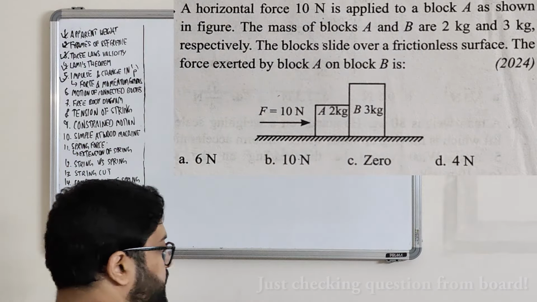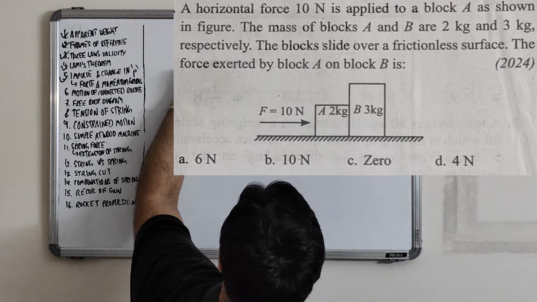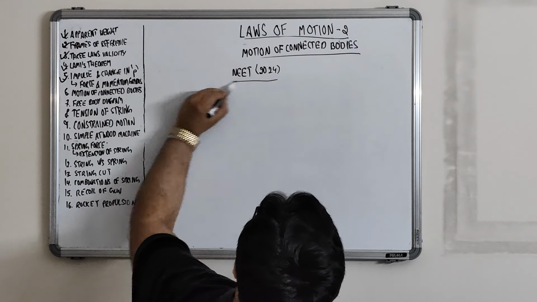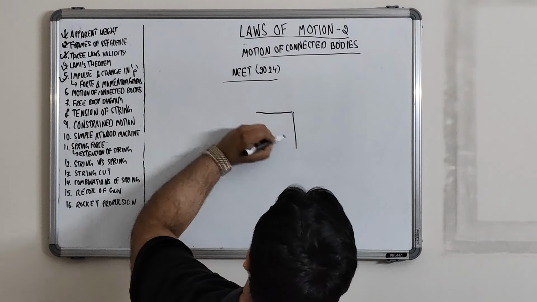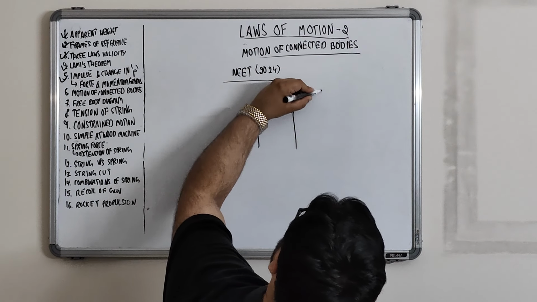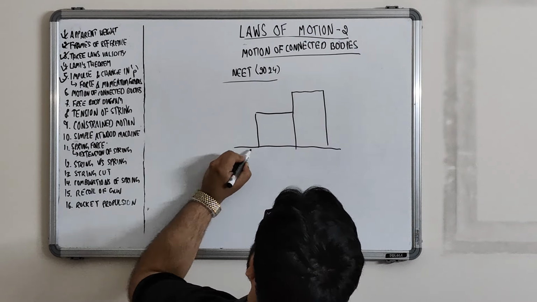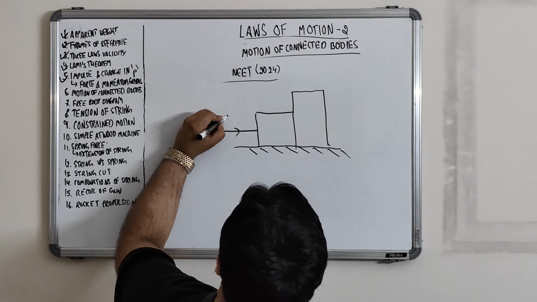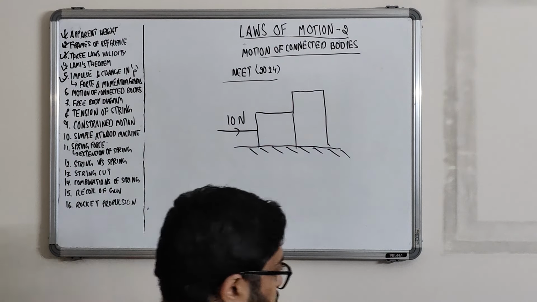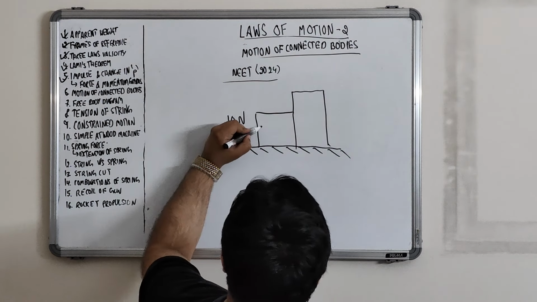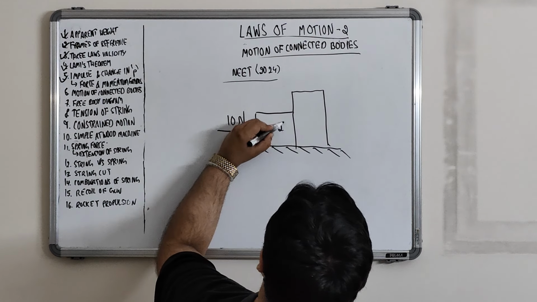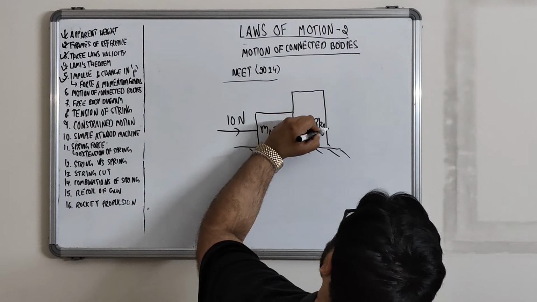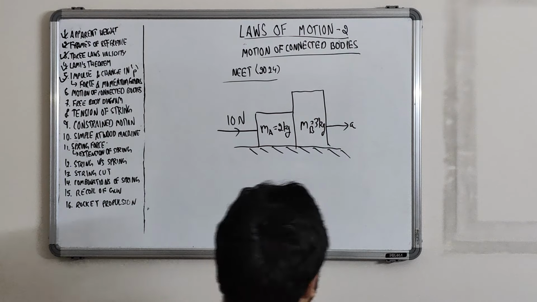Now this question is from NEET 2024. Very simple question. There are only two bodies. This is a force of 10 Newton. MA is 2 kgs, MB is 3 kgs, and it's moving in this direction with an acceleration a.